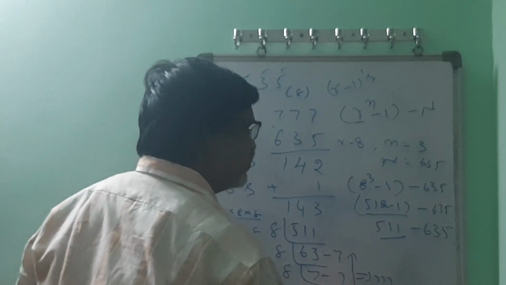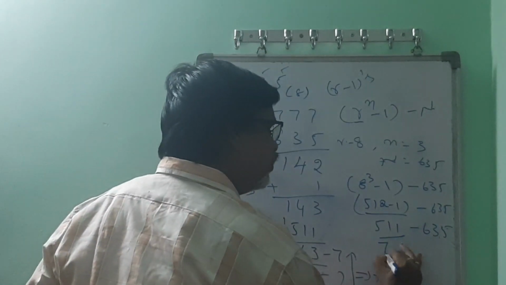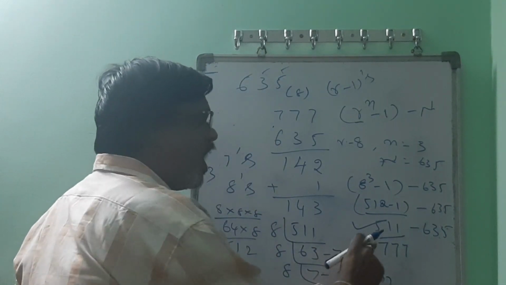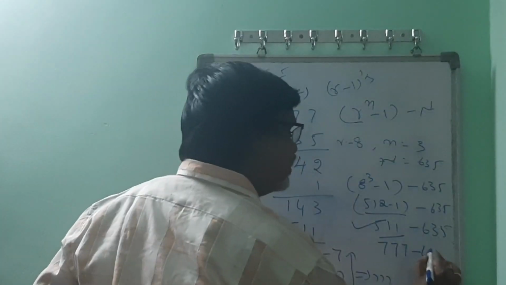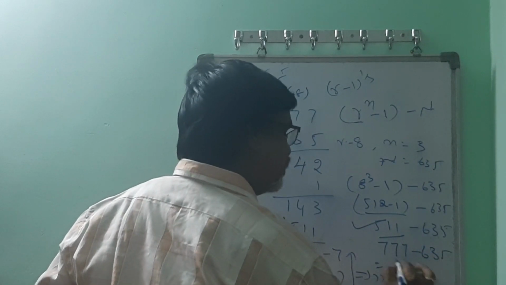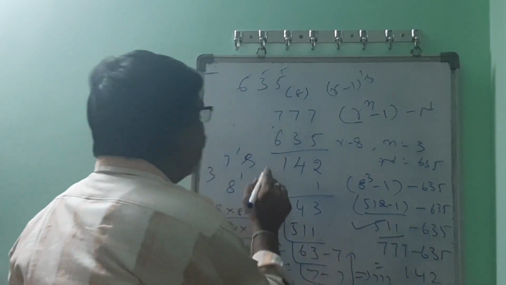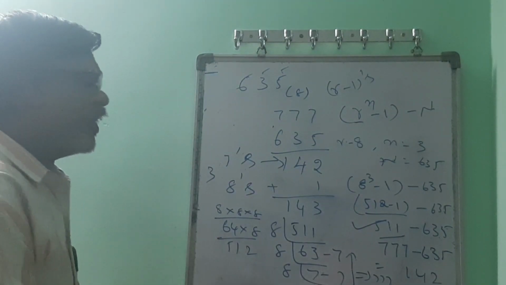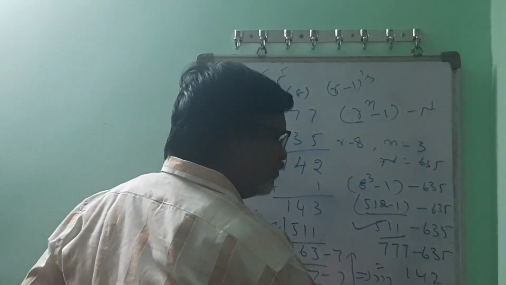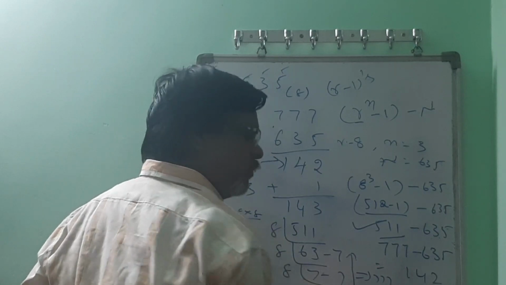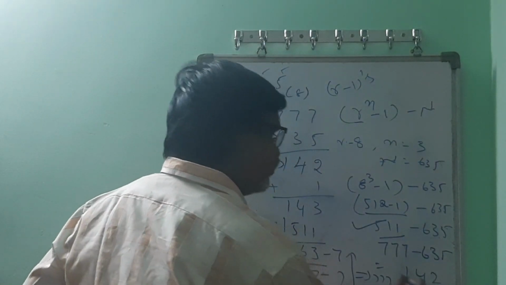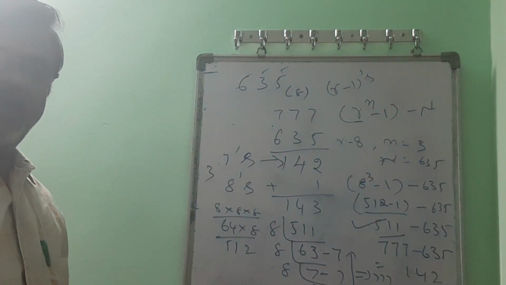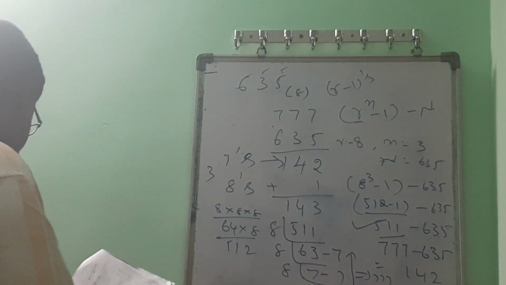So you convert this decimal 511 to octal 777 minus 635, which is nothing but 142, the 7's complement. That is r minus 1's complement. To get the r's complement, again add 1, which is nothing but 143. So you can perform either of the methods, r's and r minus 1's complement.